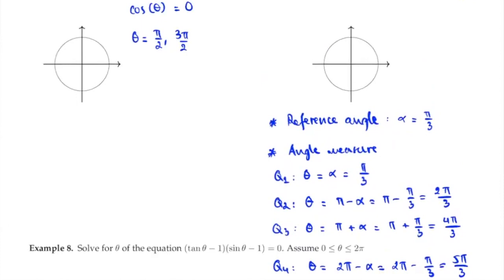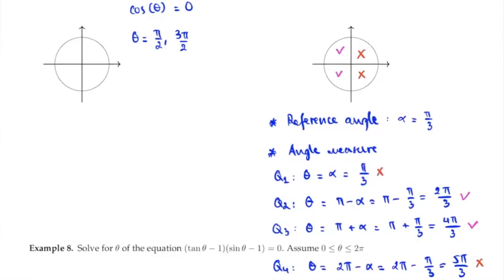Because in the first quadrant, cosine of theta, or the x-axis, is positive, and only in the second quadrant and third quadrant do you have cosine of theta negative, or the horizontal axis negative. So you eliminate the solutions in quadrant 1 and quadrant 4, but you choose the solutions in quadrant 2 and quadrant 3.